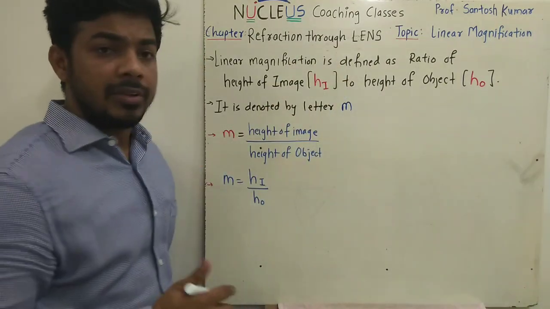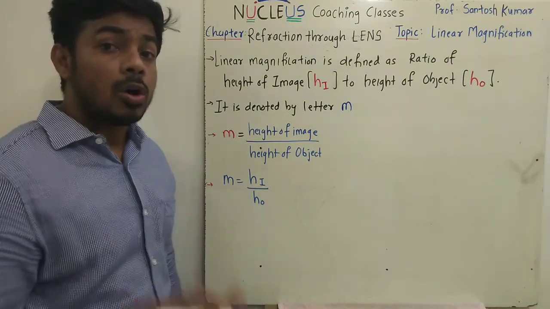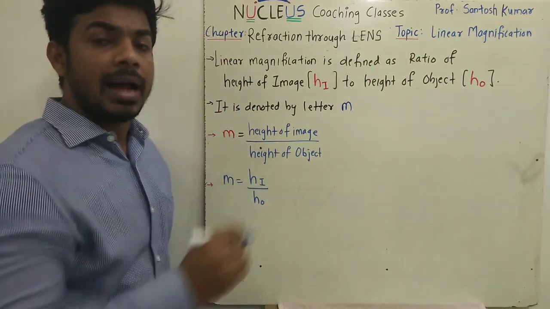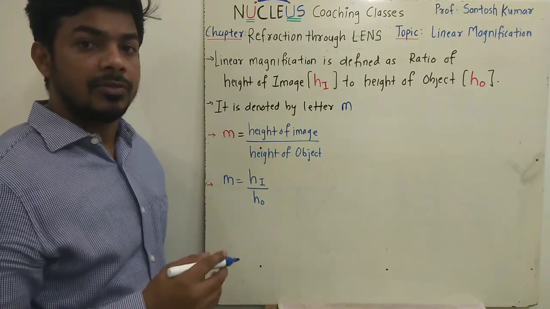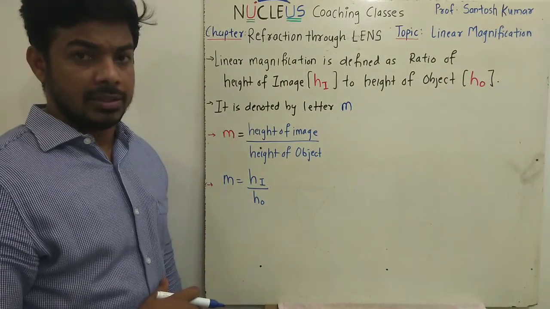This linear magnification is also called lateral magnification or transverse magnification, but now we will only call it linear magnification.